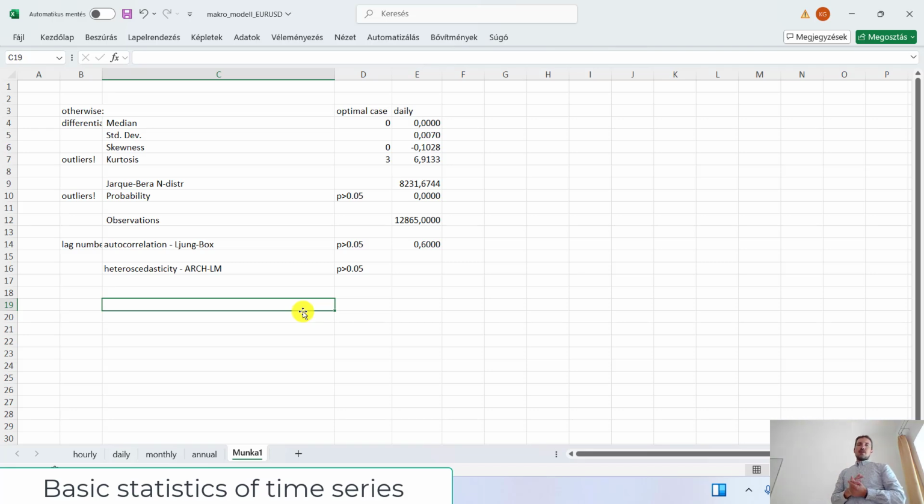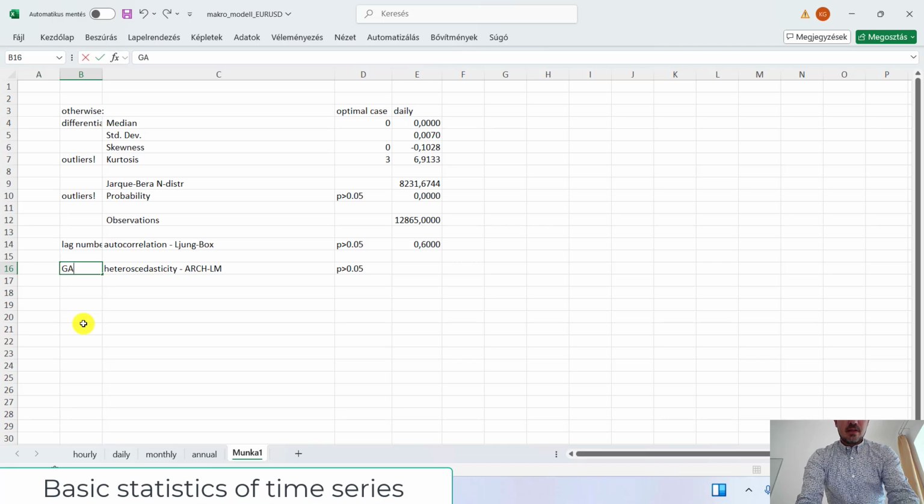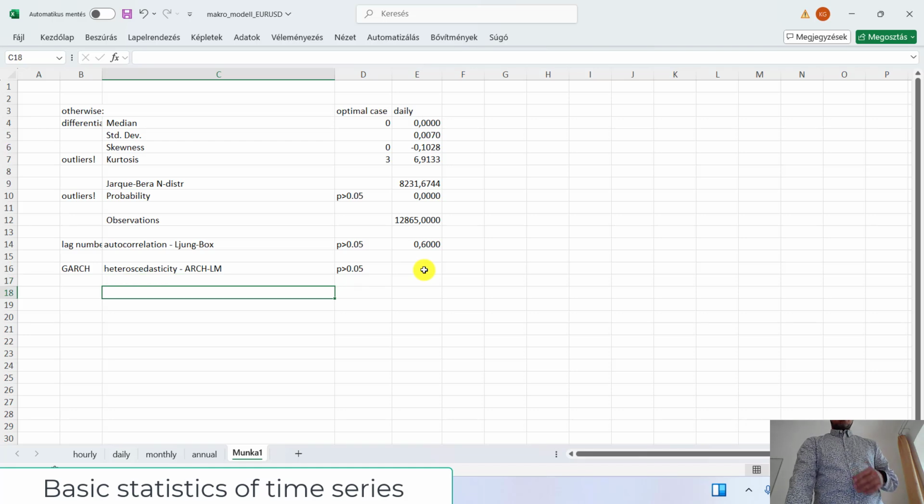If we have this trouble, then we should have GARCH modeling. But usually it's above, so for a daily dataset it can be a problem, but otherwise not.